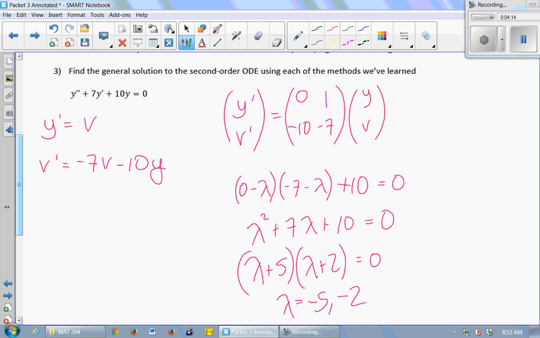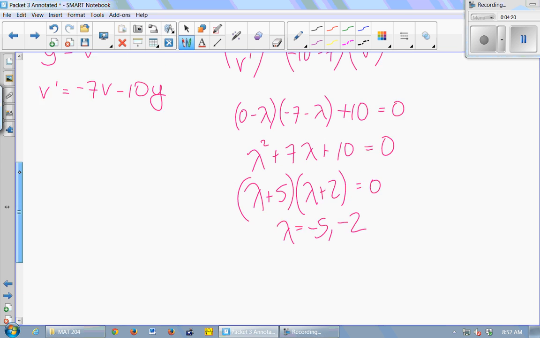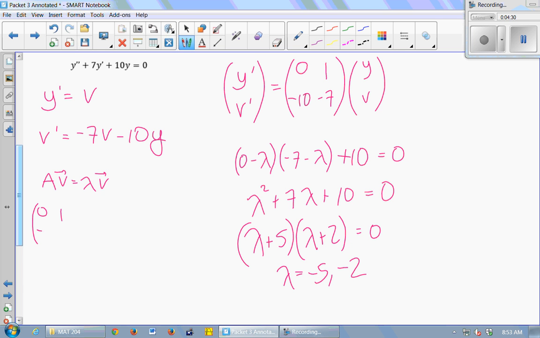So now I have eigenvalues. What do you need after eigenvalues? Eigenvectors. Yep. So I'm going to try to solve A v equals lambda v. So A is 0, 1, negative 10, negative 7. v is some unknown vector. That's the eigenvector I'm looking for. Negative 5 times x, y.